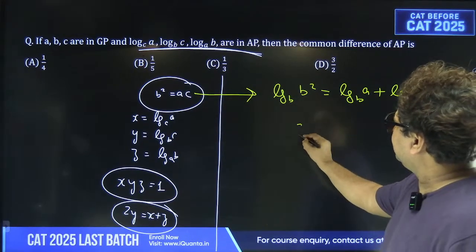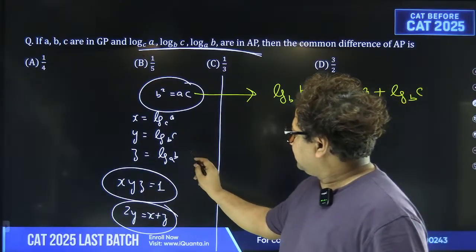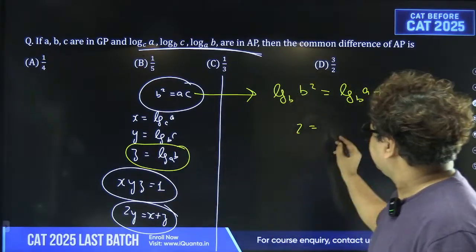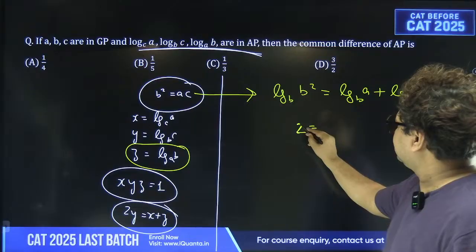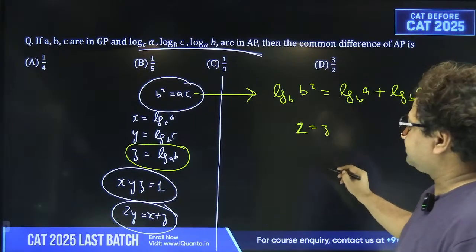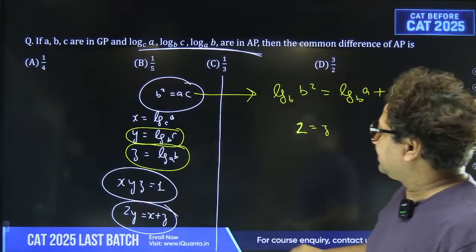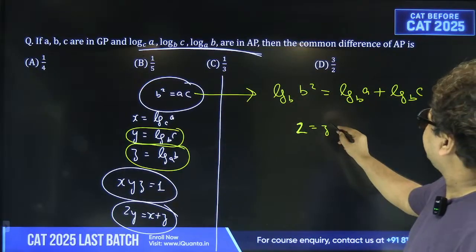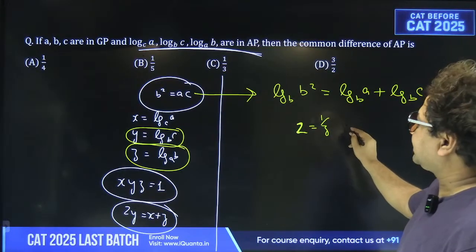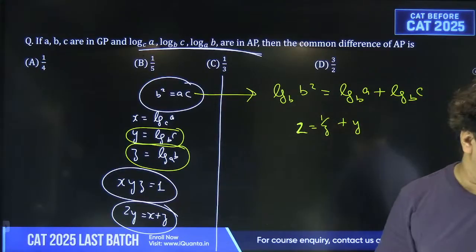So this will be 2 and log A base B from here can be written as, this is 2. This will be Z, and log C base B from here can be written as, ये 1 by Z हो जाएगा, written as Y. 2 is equal to 1 by Z plus Y.